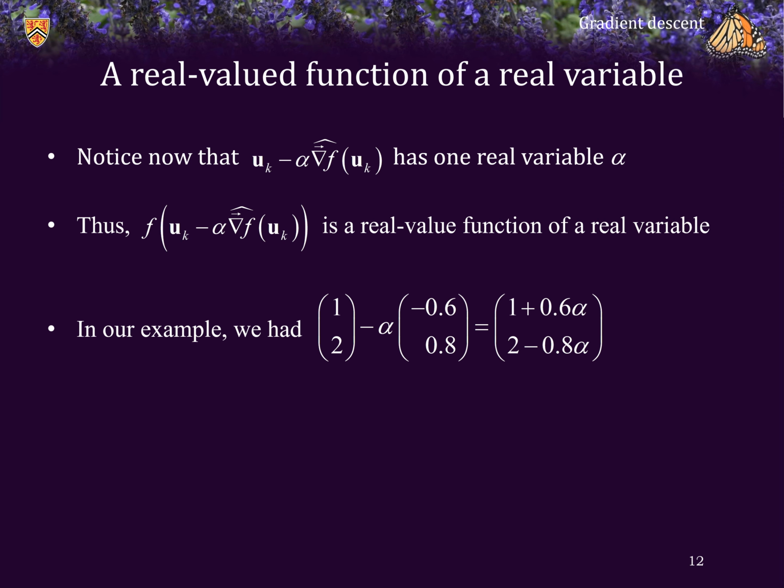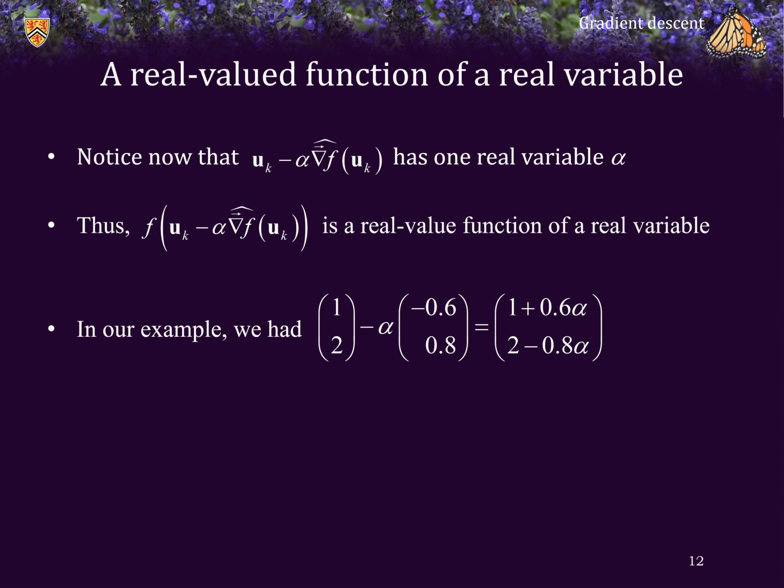So, for example, in the case that we've been looking at up until now, recall that at the point (1, 2), the gradient of the function was, when normalized, (-0.6, 0.8). So subtracting alpha times this normalized gradient vector from (1, 2) gives us this vector.